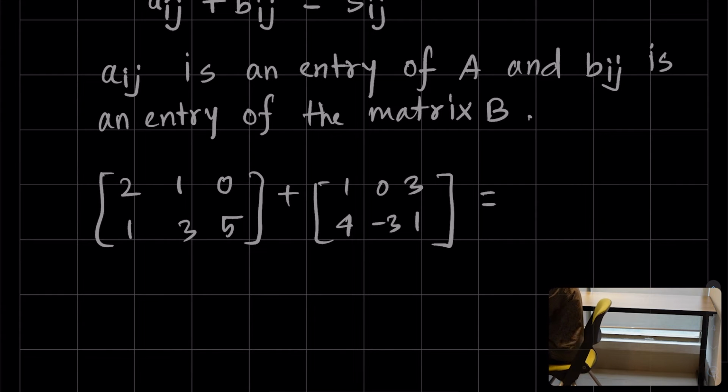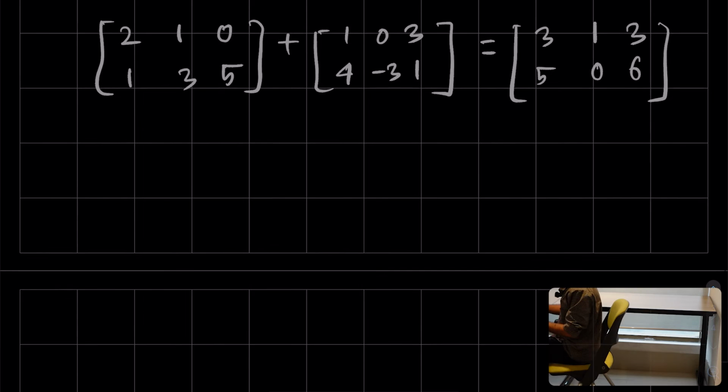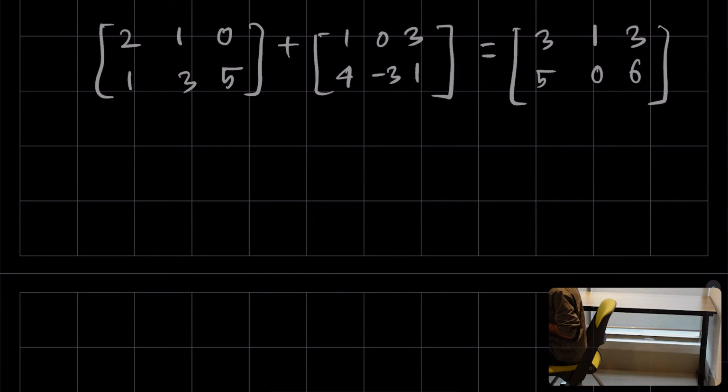Okay, so we have to add the elements of these two matrices, right? So this is 3, 1, 3, and 5, 0, and 6. So this is an example of matrix addition.